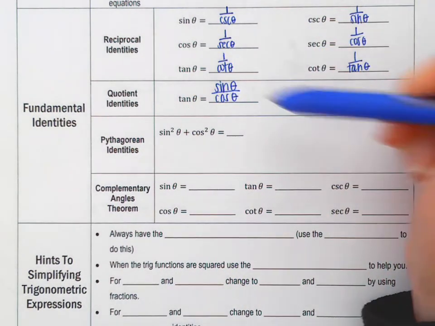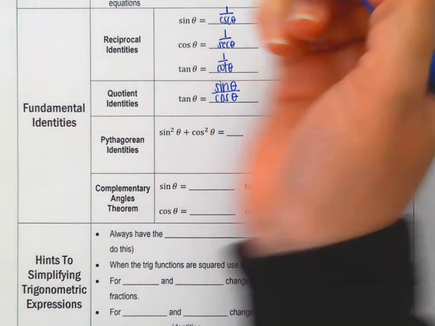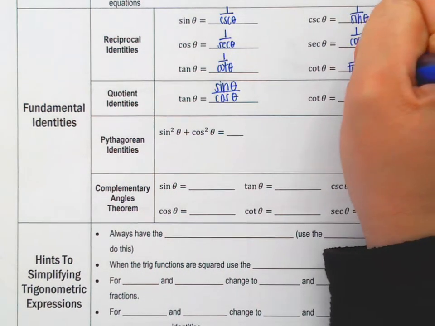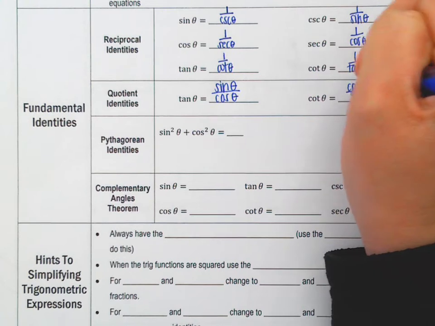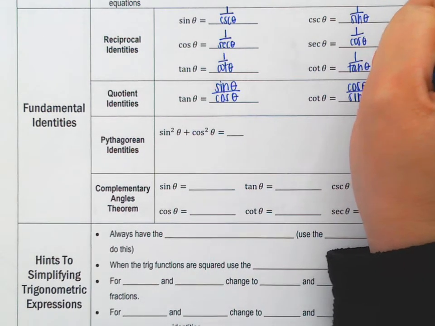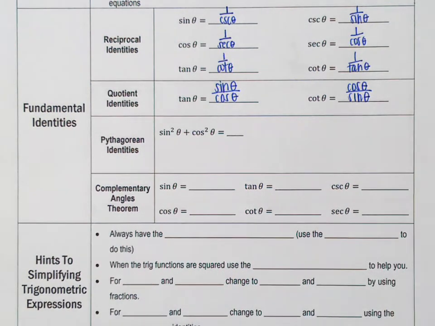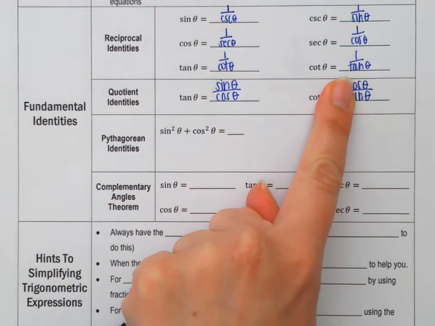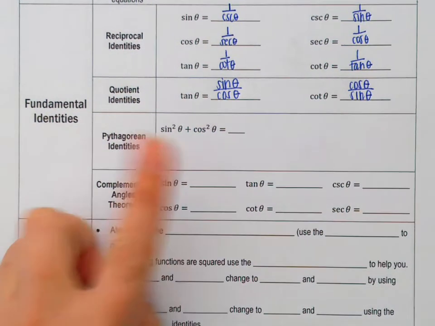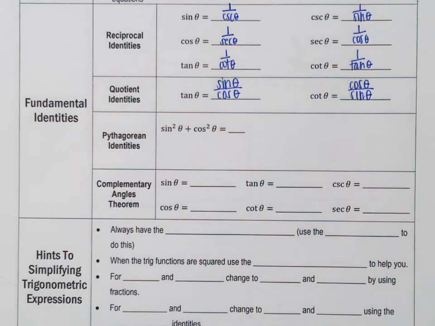So if it's the reciprocal of sine over cosine, cotangent is cosine theta over sine theta. How I have remembered that is cotangent has the cosine on top. But I've also just memorized it.